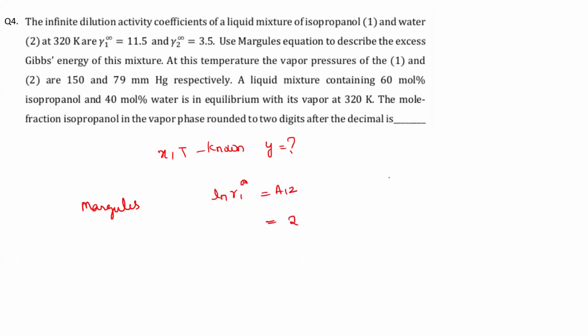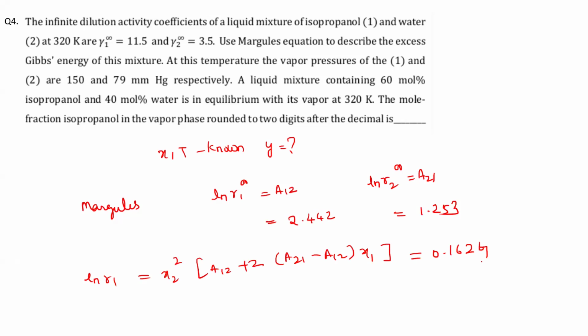Similarly, ln gamma 2 infinity is equal to A21, so equals to 1.253. And then later you find what is ln gamma 1 is equal to x2 square [A12 plus 2 into (A21 minus A12) into x1]. And you compute it to be 0.1624.